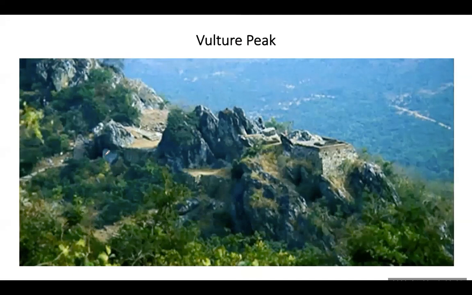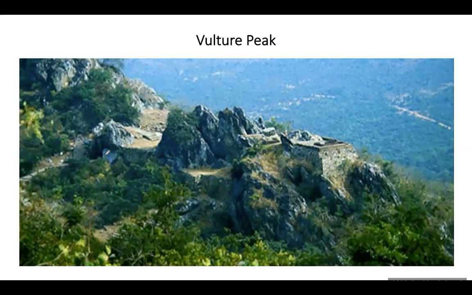Another place where the Buddha gave teachings was Vulture Peak. Vulture Peak, also known as a holy place, is named because it resembles a sitting vulture with its wings folded. Vulture Peak was the Buddha's favorite retreat in Rajagaha, an old city.